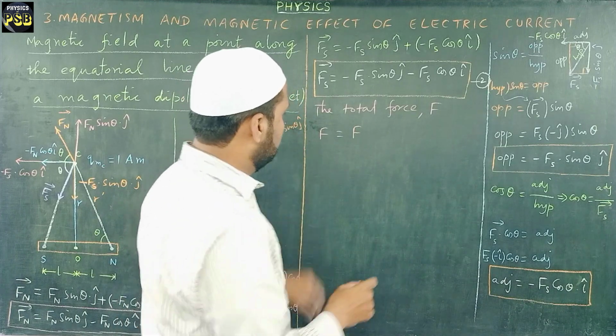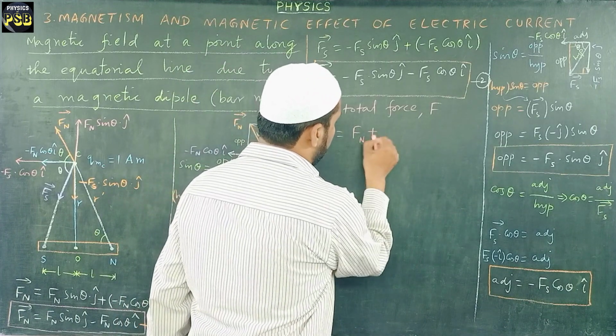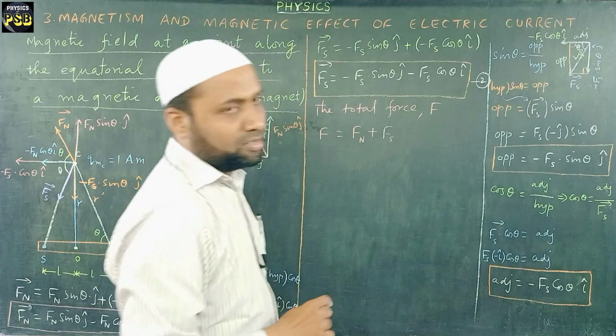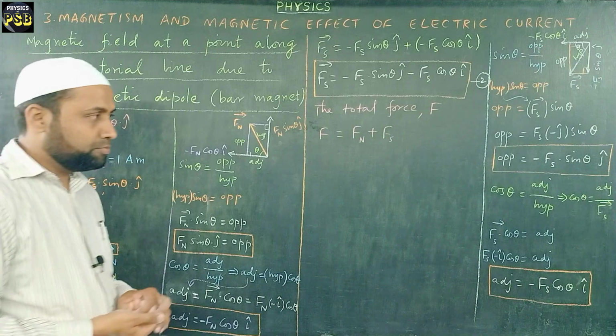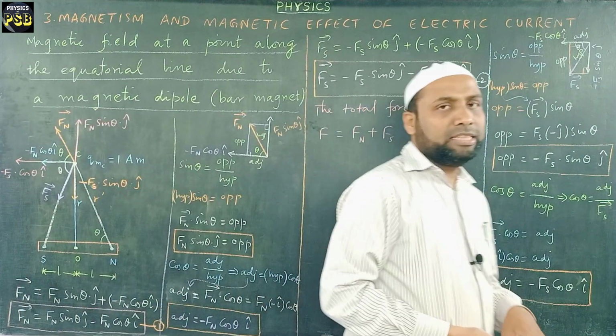The magnitude of the net force: F equals Fn plus Fs. Yes, clear. So the total force can be obtained if we add Fn and Fs. Okay, this I am going to do now.